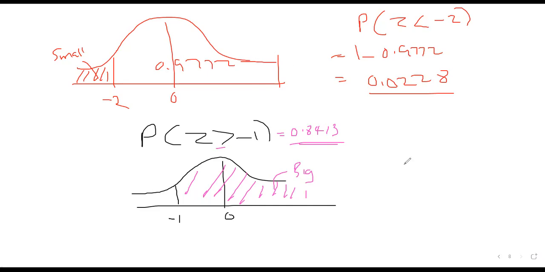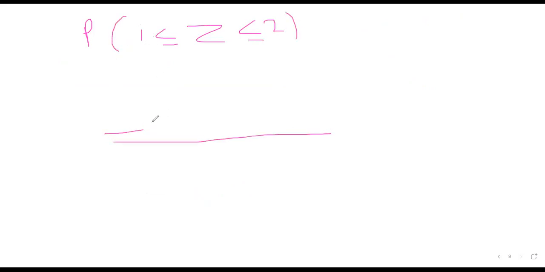All right. So sometimes you'll be given intervals to deal with. Find the probability that Z is between 1 and 2. So 1 and 2, they're both on one side, they're both positive. So 0 is here, 1 is here, 2 is there. We're looking at the interval between these two.